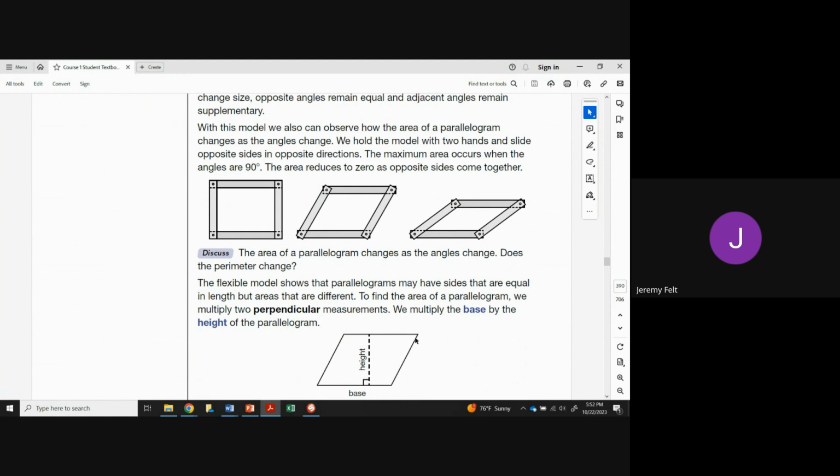If it's not all right angles, then it's going to be drawn in. Down the road, we'll figure out how we can find the height when we're not given it, but for right now, you will be given the height. The height has to meet the base perpendicularly, at a right angle. So this is not the height, this is the height. And then we just do base times height.